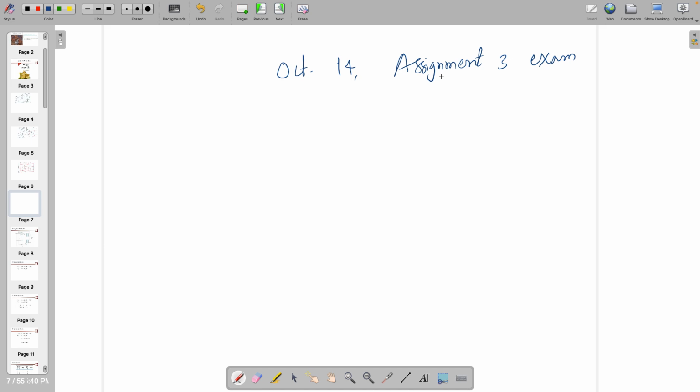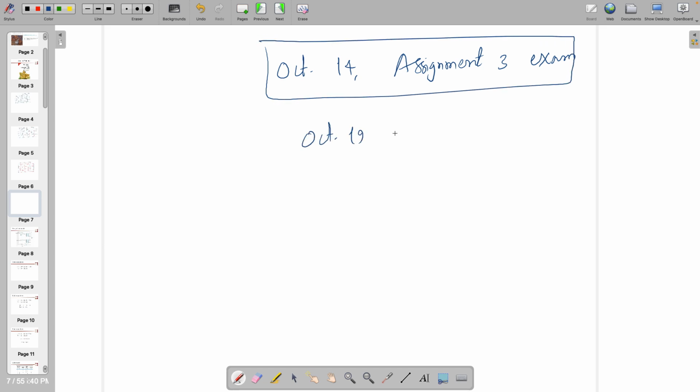This Friday and everything else will be as it is. October 19, no lecture, that Saturday. We'll try to compensate maybe on some Wednesday or whenever it's possible, when we all agree, right? I'll send you the assignment by tomorrow or the day after tomorrow. Those questions will be very easy, based on what we are going to study today.